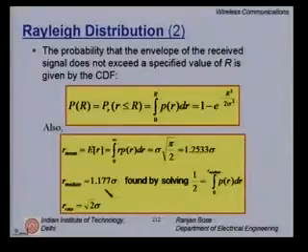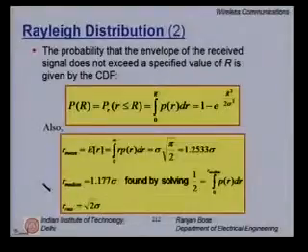The median on the other hand is close to 1.177 sigma, and the root mean square RMS value is given by root 2 sigma. So, please note that the mean and the RMS value are fairly close to each other, 1.25 sigma and 1.414 sigma.